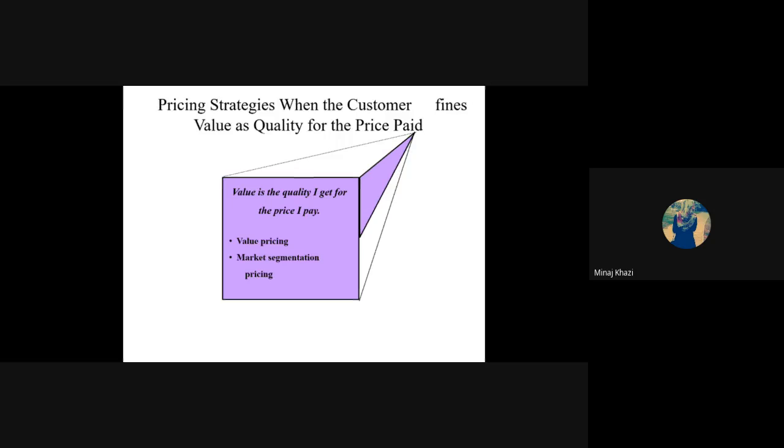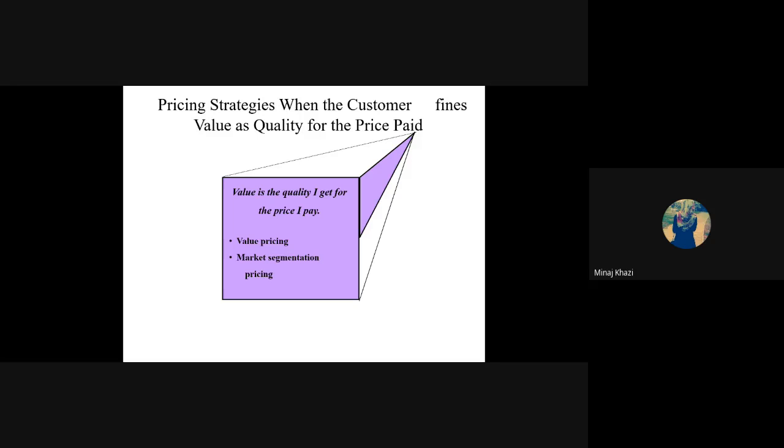Even in cars, if you see, there is a lower end, mid end, and the higher end in the same model. For example, you take any car, say Desire, Swift. In Swift, there are some features that are not provided at the lower end.